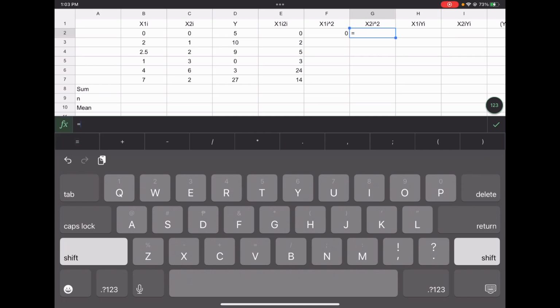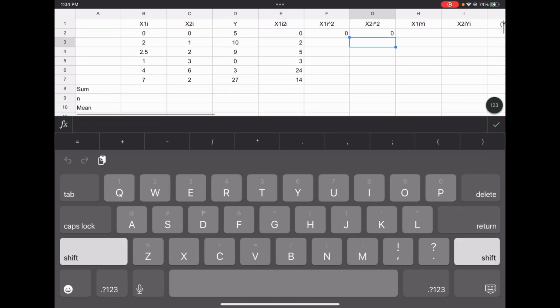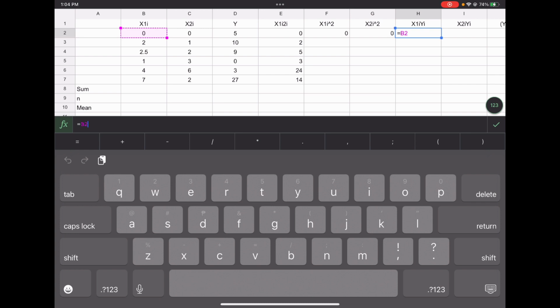So that will be equal to, then raise it to 2. Next, it's a product of x sub 1, so we multiply it with y.